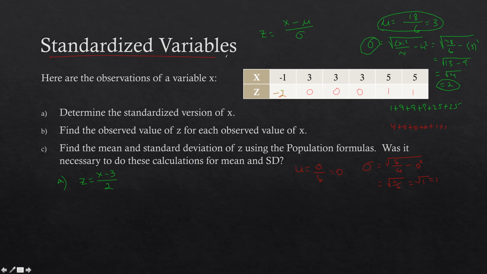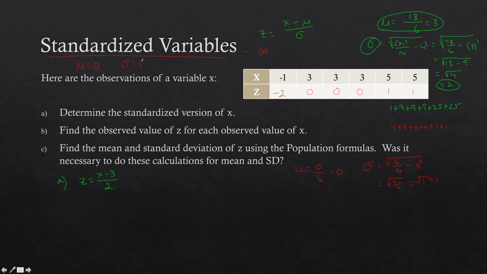When you're changing these to standardization, the population mean is always going to be 0, and the standard deviation is always going to be 1, because we're transforming it into units of how many standard deviations it is from the mean. So this is 1 standard deviation from the mean.